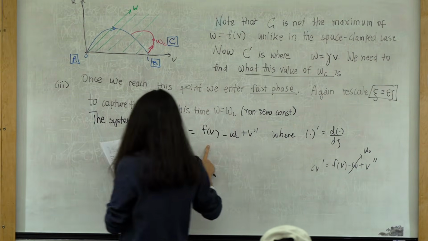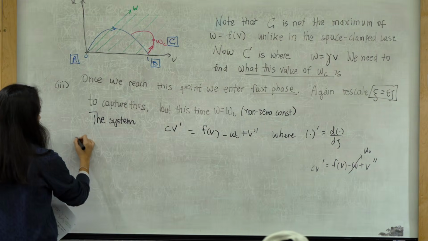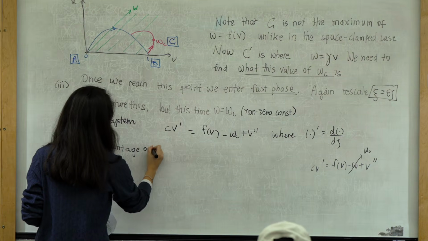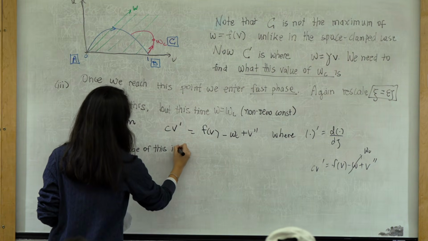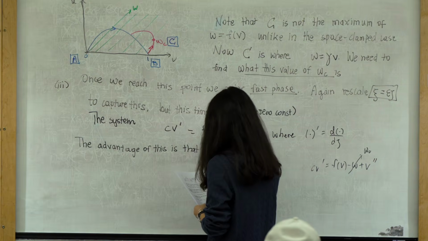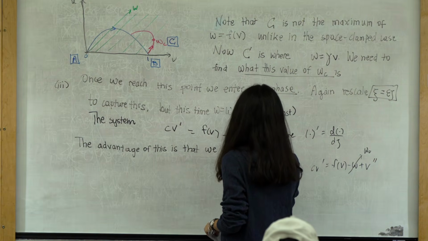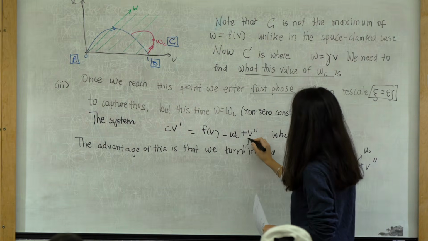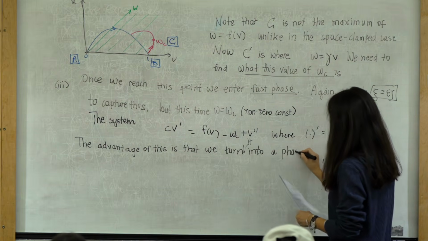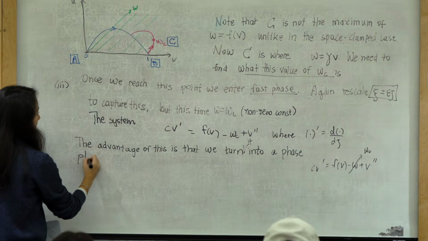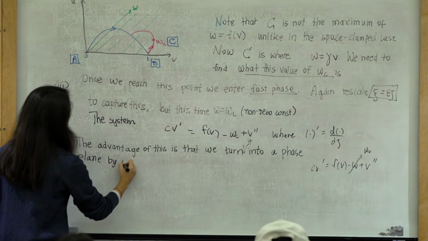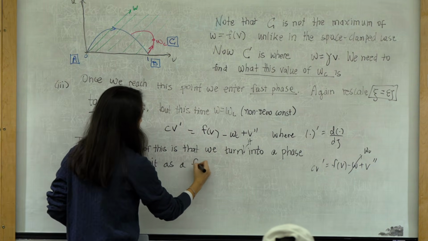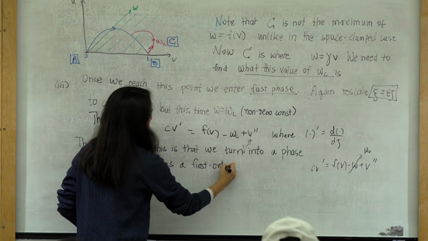Okay, so once we have this, the advantage is that we can return to a phase plane, turn it into a phase plane by writing it as a first order system.